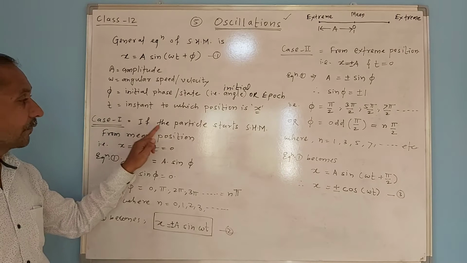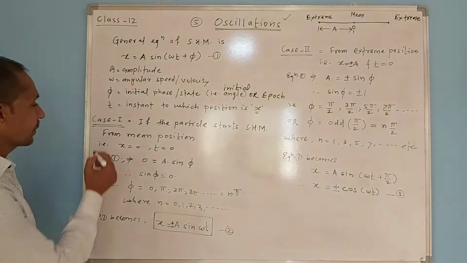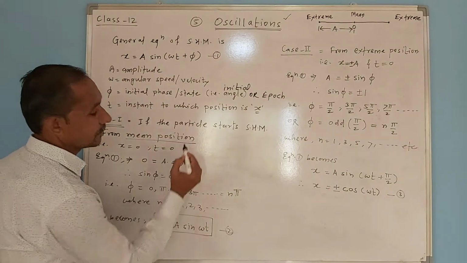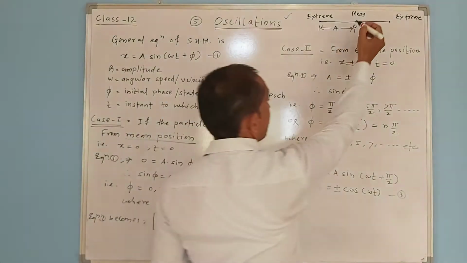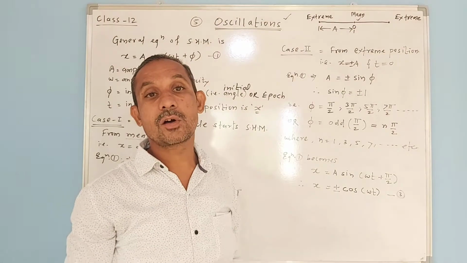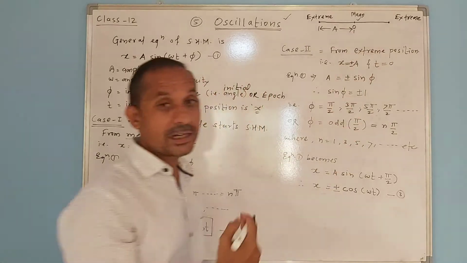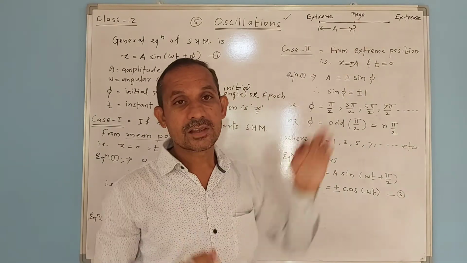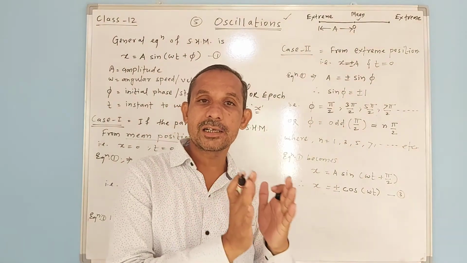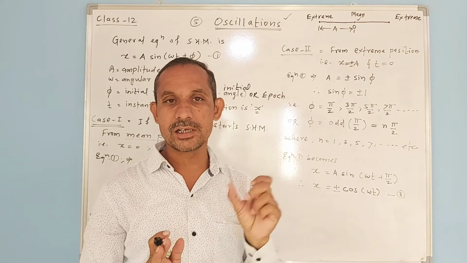Case 1: the particle starts simple harmonic motion from the mean position. This is the mean position, and this is the starting point of the particle. At the starting point, the starting time, the initial time, is 0, so t is equal to 0.